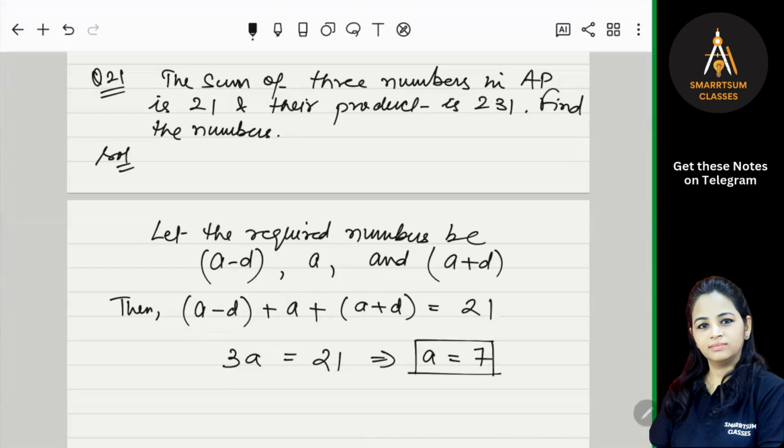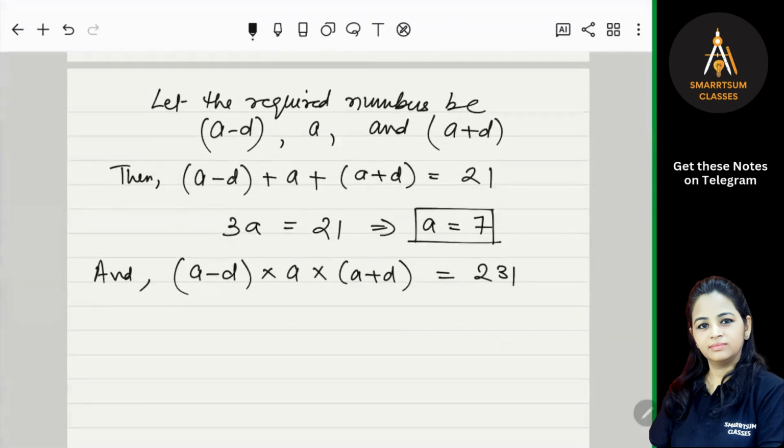Now, another thing which is given in the question is that their product is 231, right? So now find out the product, a minus d into a into a plus d, right? Product of the 3 numbers is equal to 231, according to the second condition given here, right? Now again solve this.